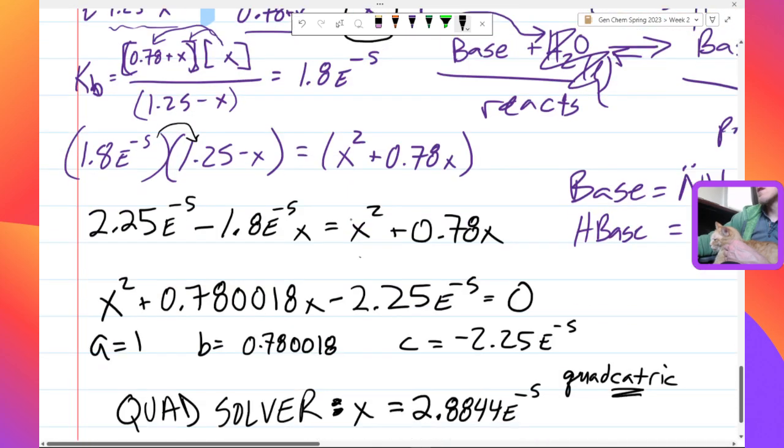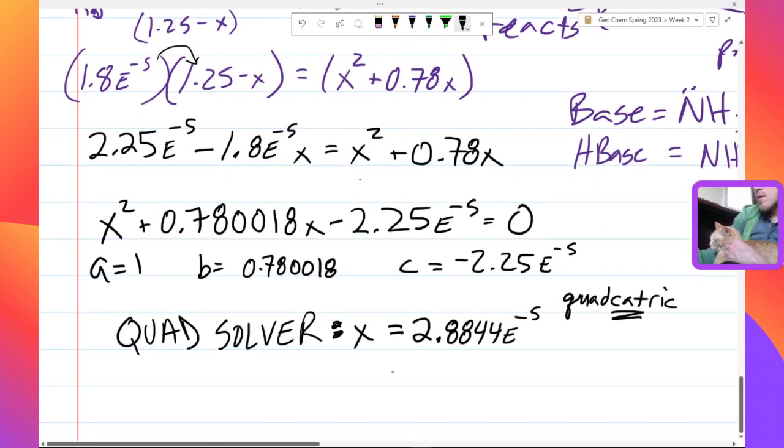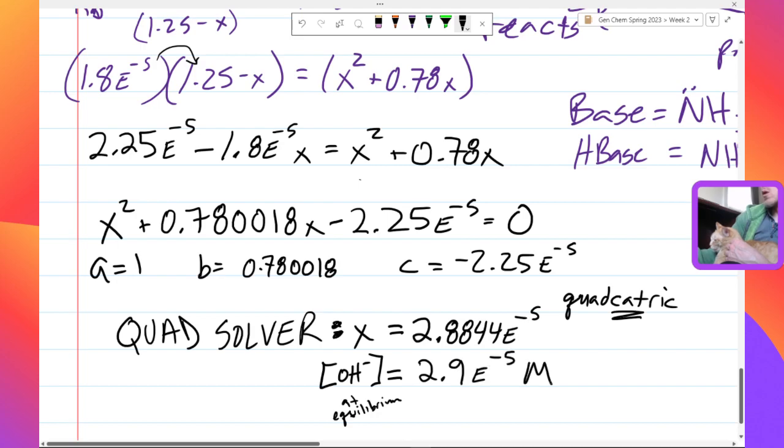So let's just be proper, diligent little students and say that the concentration of hydronium at equilibrium, which the question didn't explicitly say, but it very much implies it, is really 2.9 times 10 to the minus fifth molar. And that is what they asked.